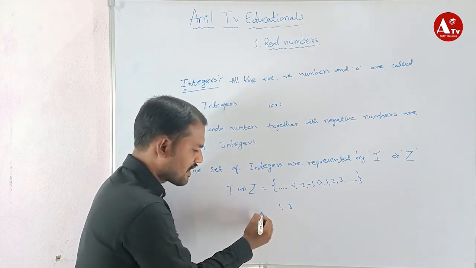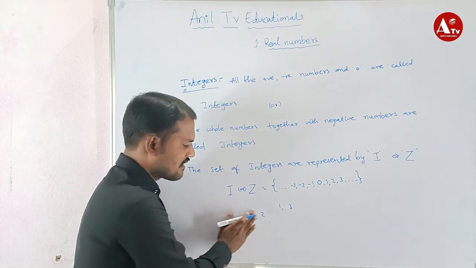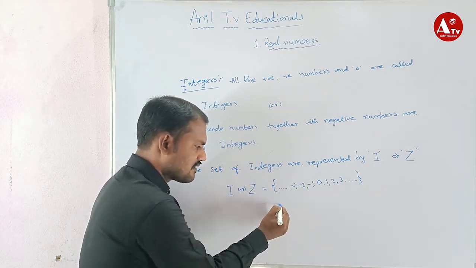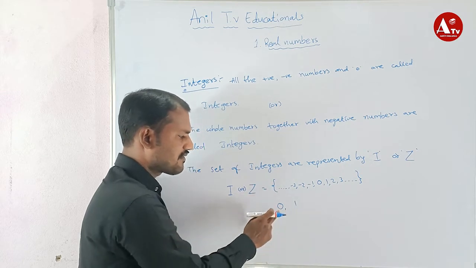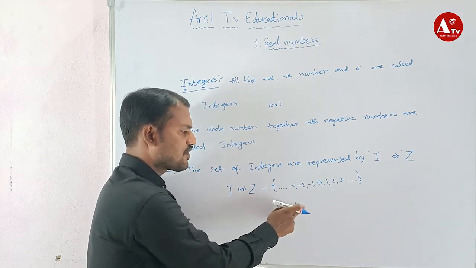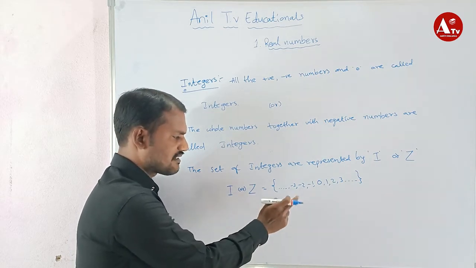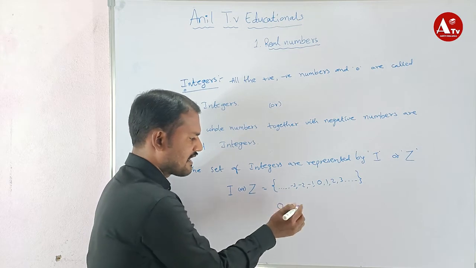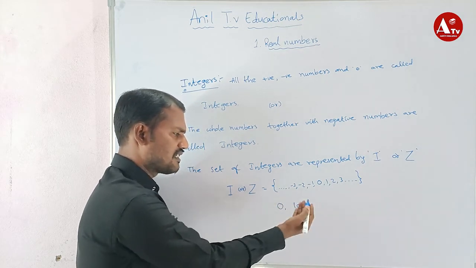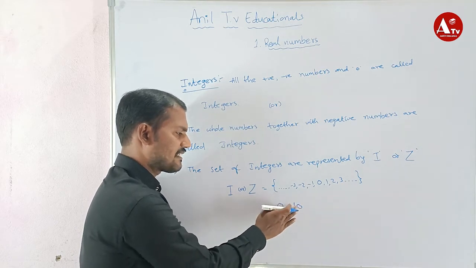Comparing 2 and 1, 1 is smaller, 2 is larger. Comparing 0 and 1, which is larger? All positives are greater than 0, so 1 is larger than 0. Any positive integer compared with 0 is greater.